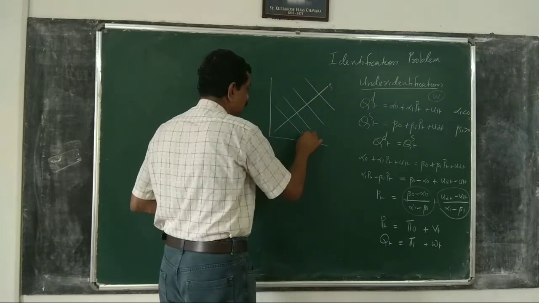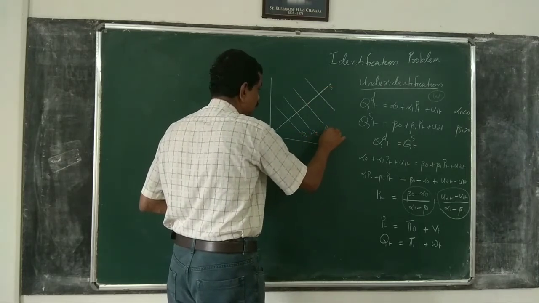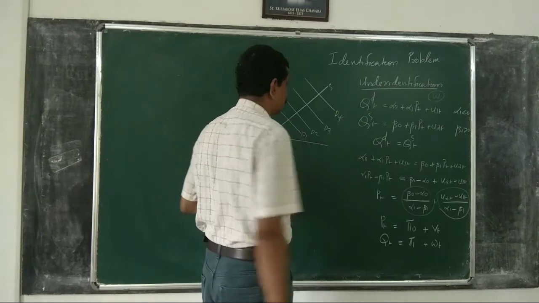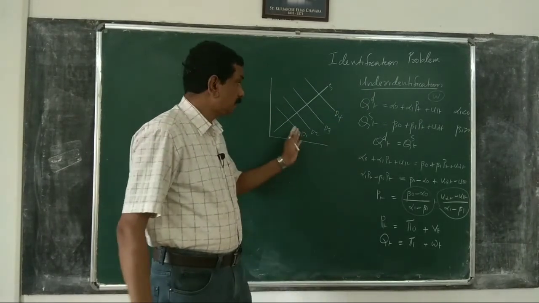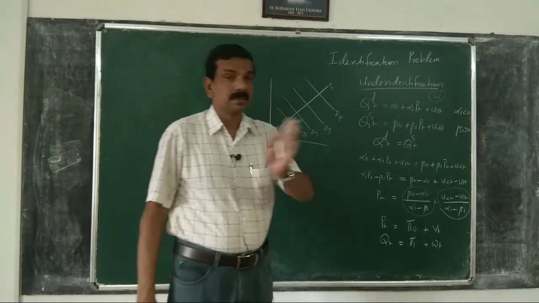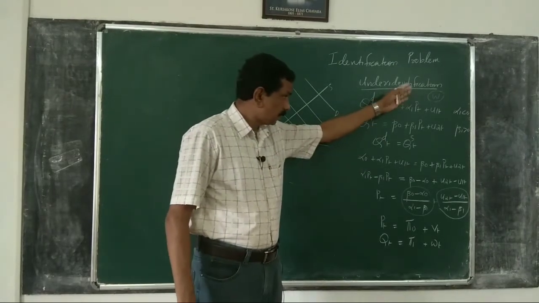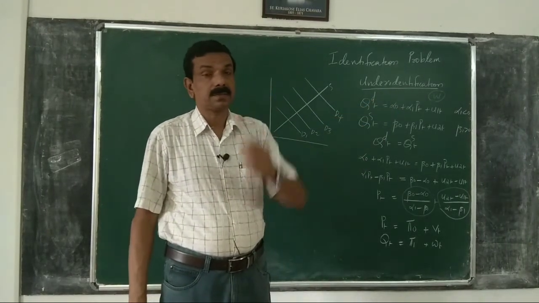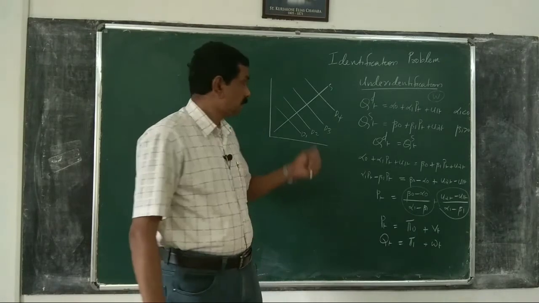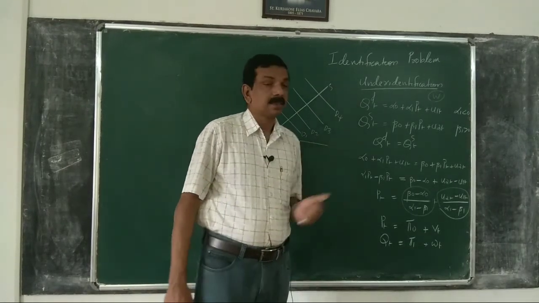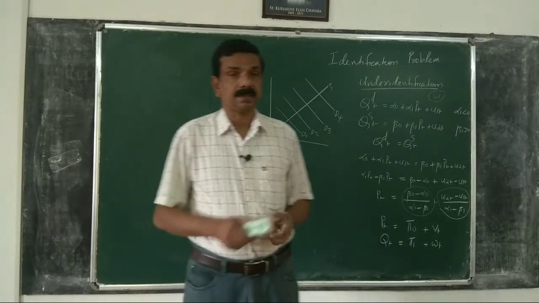The demand curve shifts from D1, D2, D3, D4 like this. When there is an increase in wealth or income, or a change in the prices of substitutes and complements, then we say that the supply curve is identified.